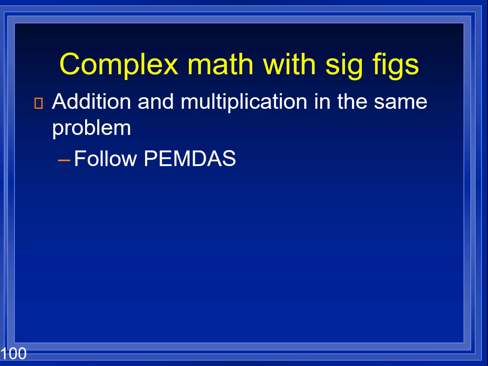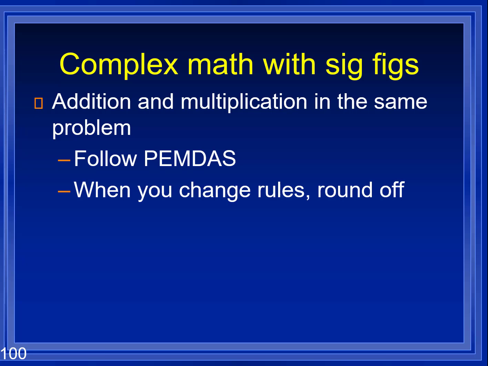All right. So what do you do? You follow PEMDAS, and when you change rules, when you stop multiplying and start adding, you round according to the multiplication rules before you add. When you stop subtracting and start dividing, you round off according to subtraction rules, then you divide. When you change rules, you stop and round.